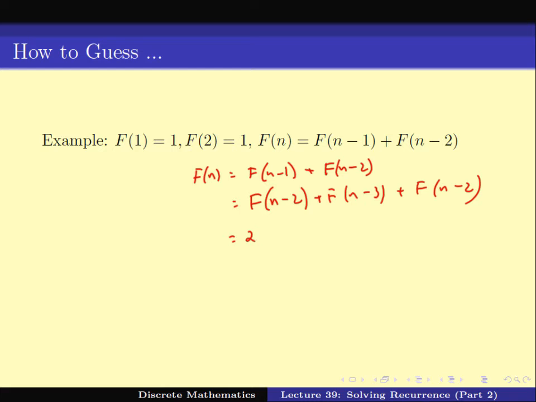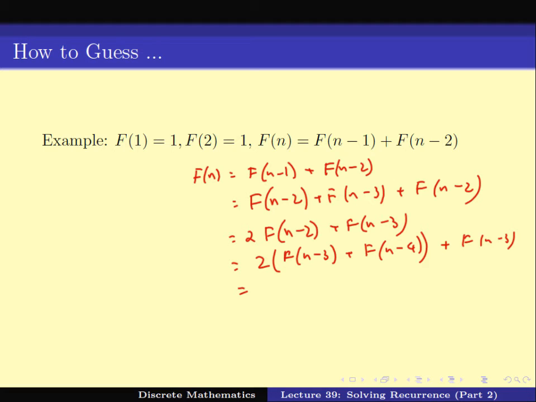So I get 2 times Fn minus 2 plus Fn minus 3, which will give me 2 times Fn minus 3 plus Fn minus 4 plus Fn minus 3, which is equal to 3 times Fn minus 3 plus 2 times Fn minus 4.